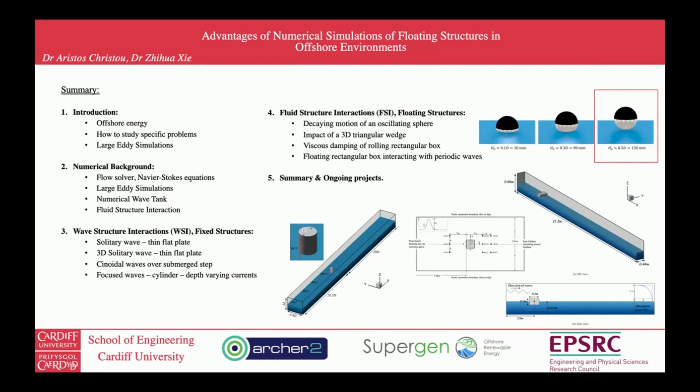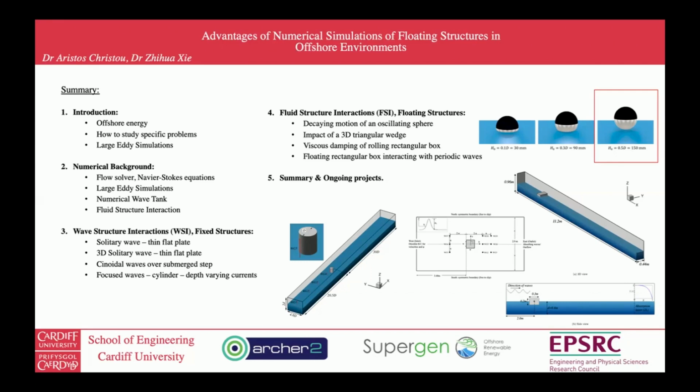Okay. So I'll go through some introduction, then, as I said, roughly describe the numerical background, and then give some example of wave structure interactions. First of all, fixed structures, which was the process developing the numerical wave tank, as, for example, a 3D solitary wave over a thin flat plate, or sinusoidal waves on a submerged step, and then a more realistic case of focus waves interacting with piston cylinders in depth-varying shear currents.